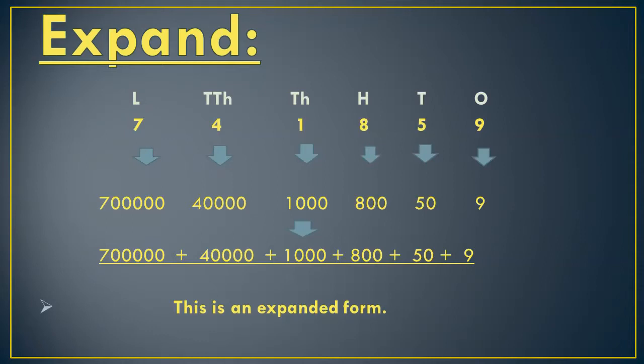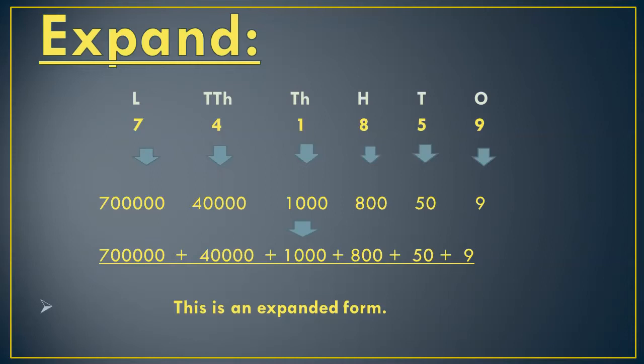That is 800. Now 5 is in the tens place. So the place value of 5 will be 5 into 10. That is 50. And 9 is in the ones place. So the place value of 9 will be 9 into 1, that is 9.